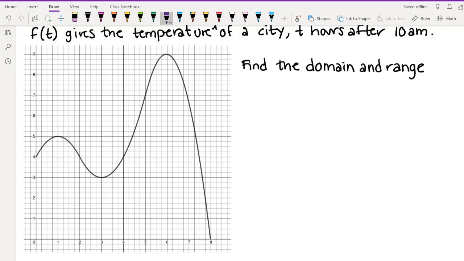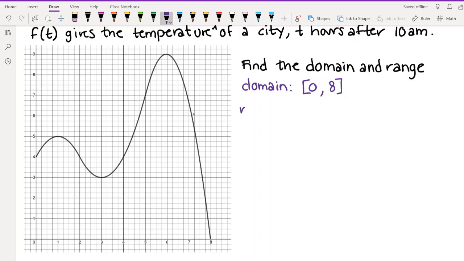Okay, so what is the domain of this function? Well, it starts at 0, including 0, and it ends at 8. And notice that I didn't put filled in points here, but I could have. If the graph just ends and it doesn't have a point on the end, you can assume those points are included.